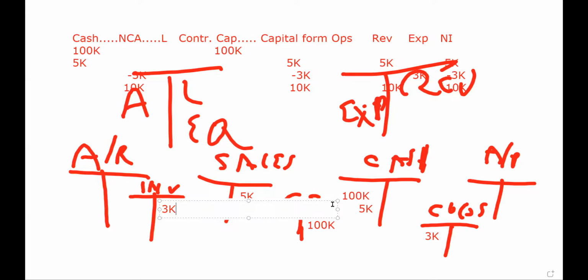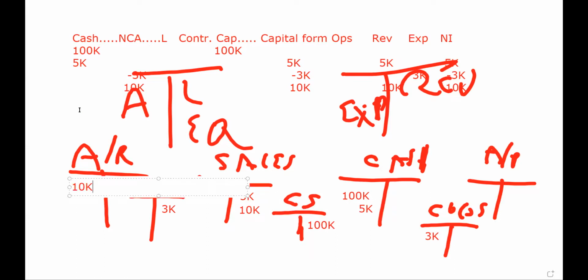And then I have another $10,000 in sales revenue. I have accounts receivable. Any questions on those T accounts and those transactions? Do those make sense so far?